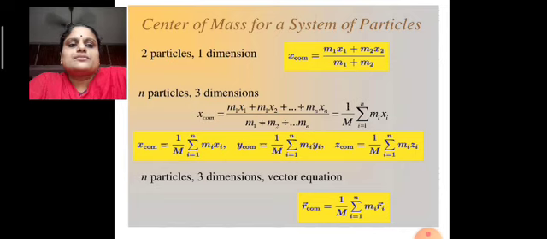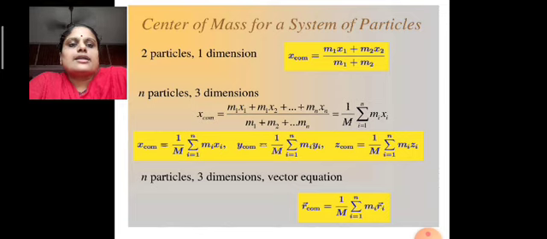Z-coordinate of the center of mass point is given by 1 by M summation i equals 1 to n of mizi. In short, we can define the position vector r of the center of mass point as r center of mass is equivalent to 1 by M summation i equals 1 to n of miri.